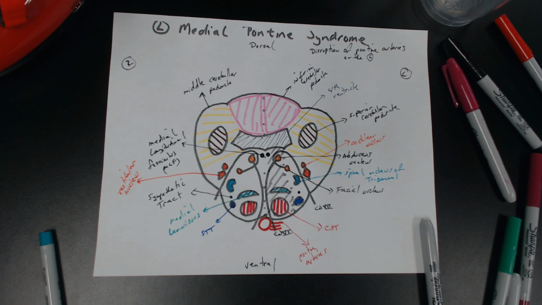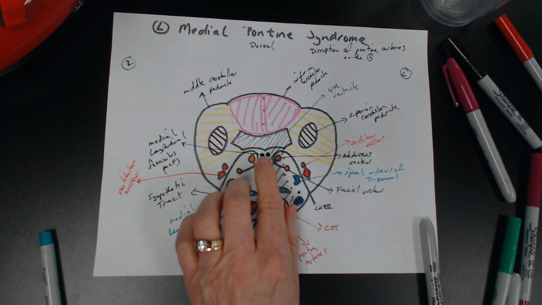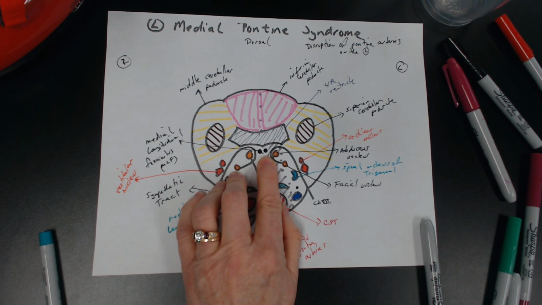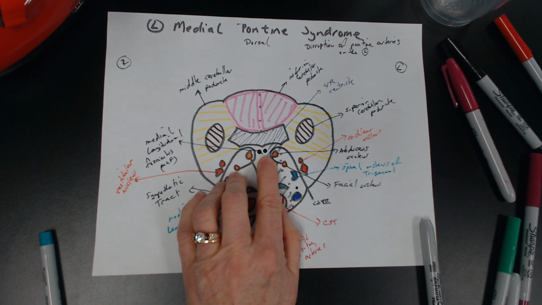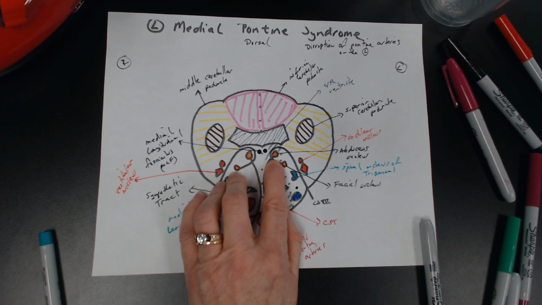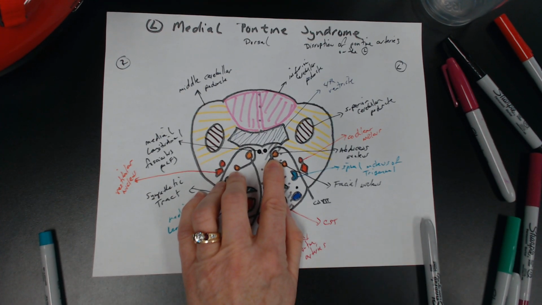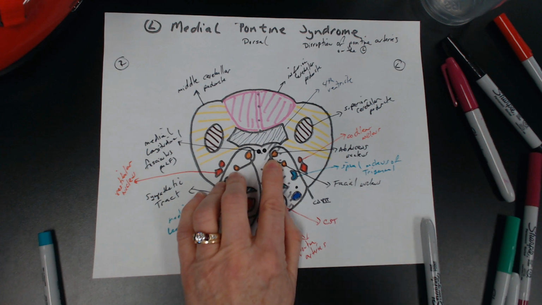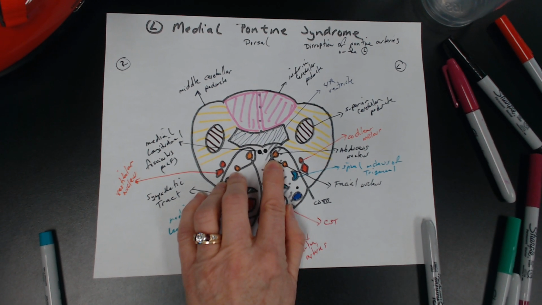So what I have affected here is going to be this medial longitudinal fasciculus up top, closest to the fourth ventricle. Patient's going to present with a disconjugate gaze. Abducens nucleus is affected. That means lateral rectus isn't going to be working, so their eye is going to tend to deviate toward midline. They're not going to be able to pull it back out.